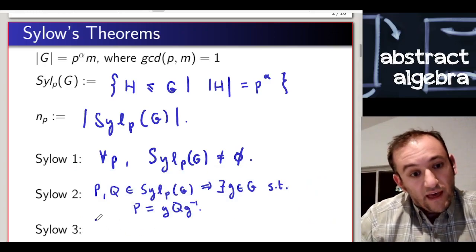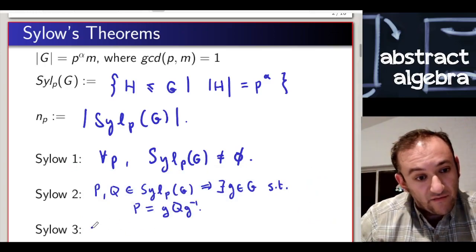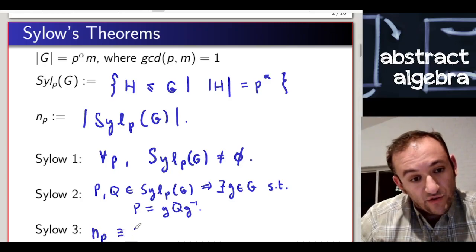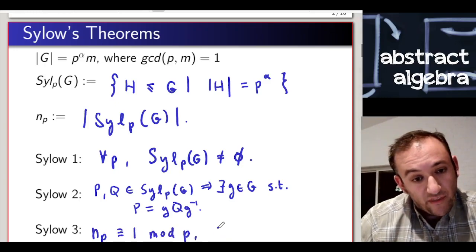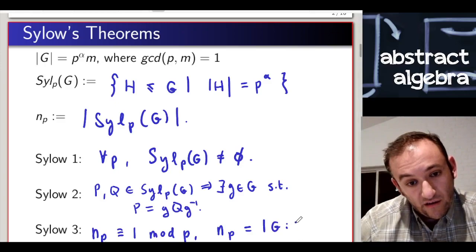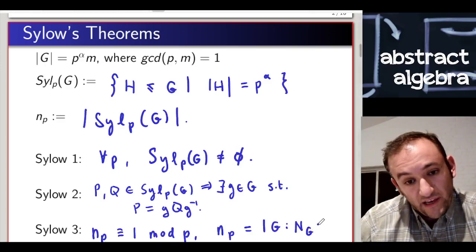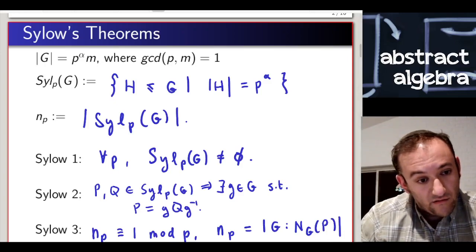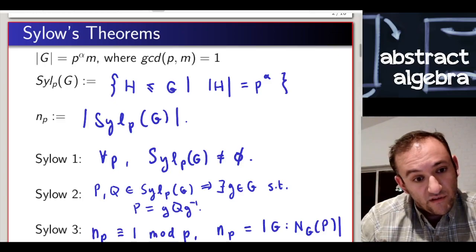And Sylow 3 states that NP is congruent to 1 mod p, and furthermore that NP is equal to the index in G of the normalizer of P, where P is one of the Sylow p subgroups.